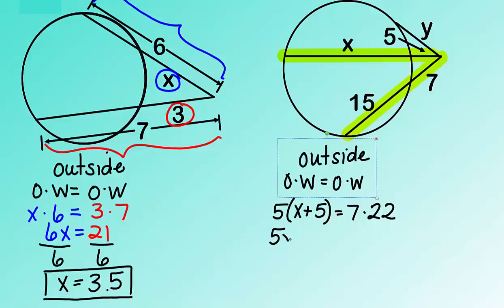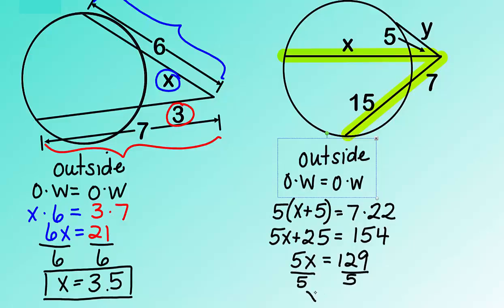So I get 5x plus 25 is equal to 154. I then subtract 25 from both sides, and I get 129. I divide both sides by 5, and x is equal to 25 and 4/9.